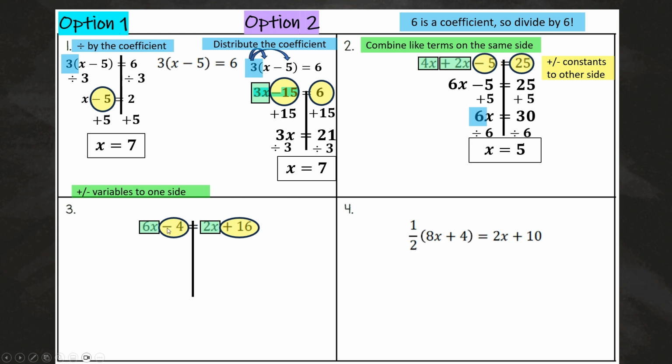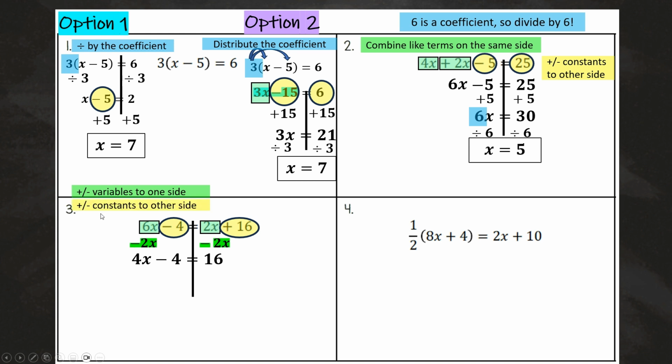So I have 6x and I have 2x. Because this number is greater, I'm going to move this 2x over here by subtracting 2x, because this is a positive 2x. If I subtract 2x from both sides, the 2x will be gone from this side. So then I'm left with 4x minus 4 is equal to 16.